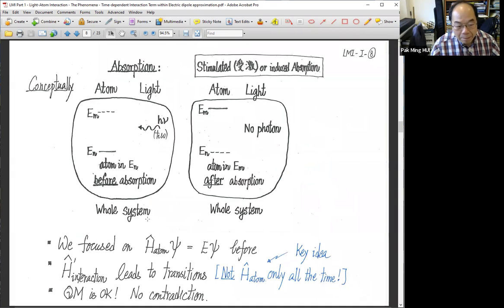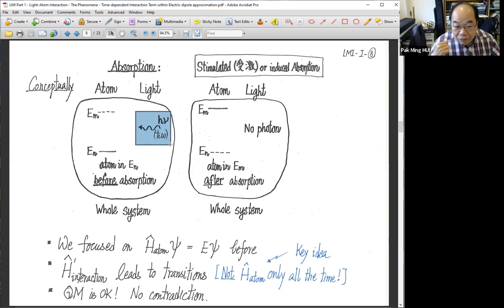Before absorption happens, the full specification should be: atom in the lower state, and we have one photon, H bar omega. That description has to do with the atom and the light, because our full Hamiltonian has all these ingredients.